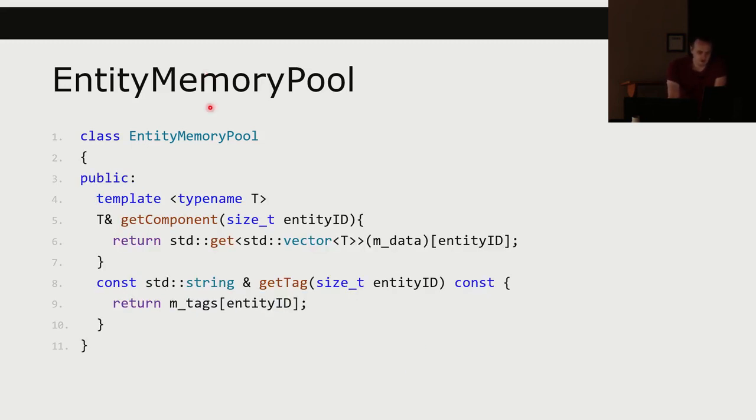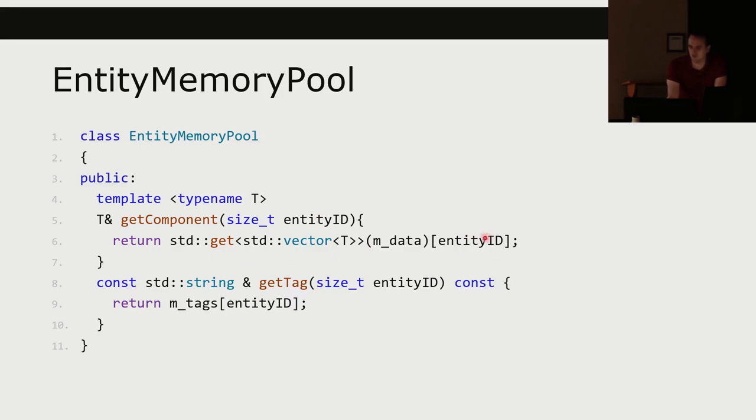So the getComponent function of the entity memory pool would take in an entity ID because we want to get the component of this particular entity ID. So we would say return std::get<std::vector<T>> of our data indexed by the entity ID. Okay?